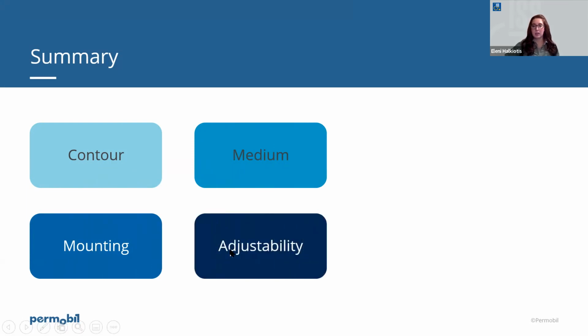And adjustability. These days, a lot of back supports come off the shelf, out of the box with built-in adjustability, stays and reels, and there are a lot of things that we can now do with off-the-shelf products to allow for much more adjustability, especially anterior posteriorly within an open shell design, for example.